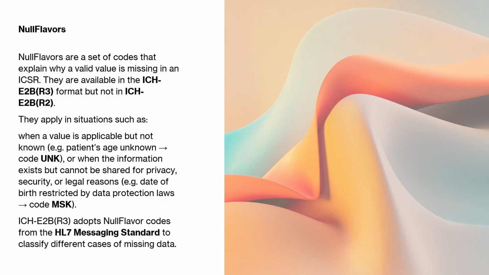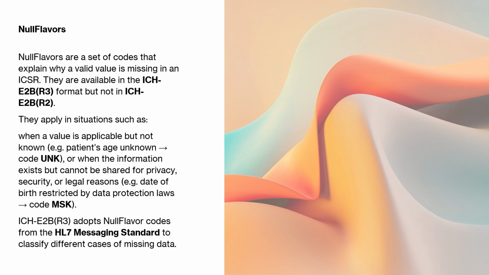We do have two highlighted things over here, which is ICH E2B R2 and ICH E2B R3. Both of them are the international electronic standards which are used for the exchange of ICSRs in PV, and they are the part of ICH E2B guideline.